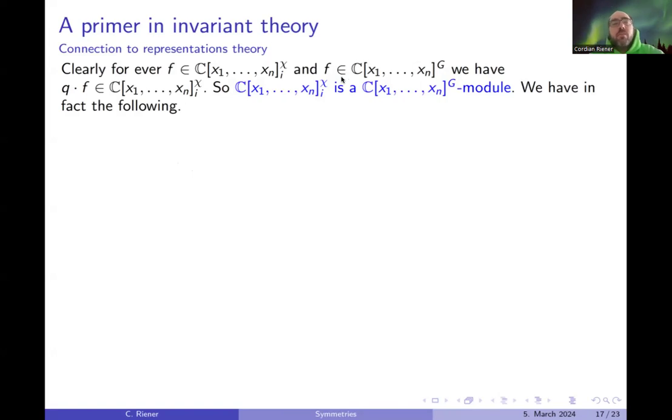What one can check with the properties that we have established is that when I take Q times F, this will be a new polynomial, and in particular this polynomial will be living in the same isotypic component. This is maybe a little bit quick, so if you don't follow, bear with me for a moment, and we'll see this tomorrow in a concrete example. But what this actually means is that this isotypic part is also a module over the invariant ring.